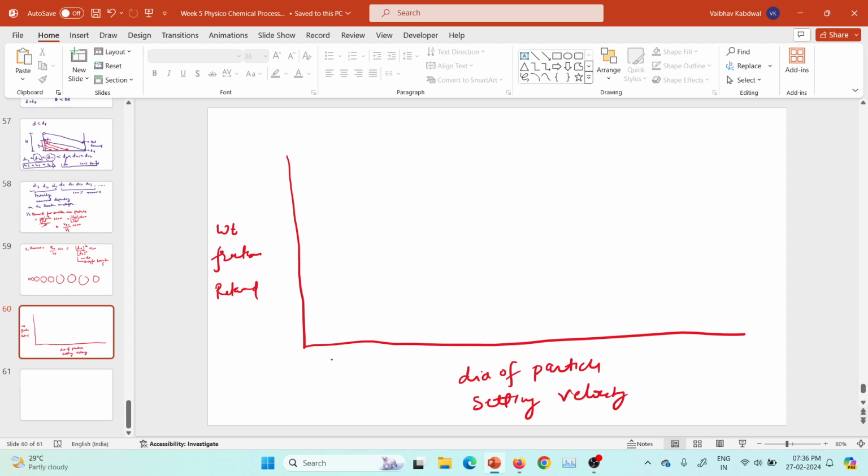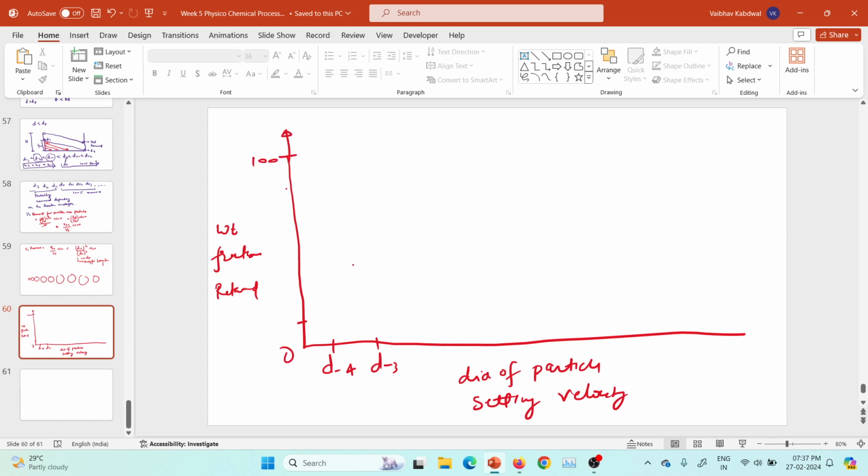Okay, let's say the particle size minus d4 has a weight fraction of this much. It will be like a plot, from 0 to 100.